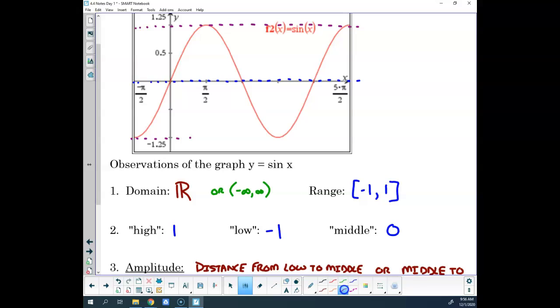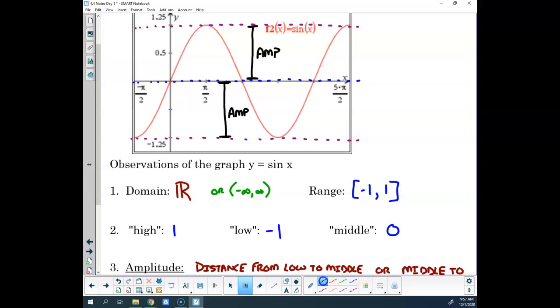My low line is right there. So the amplitude would be the distance from low to middle or from middle to high.